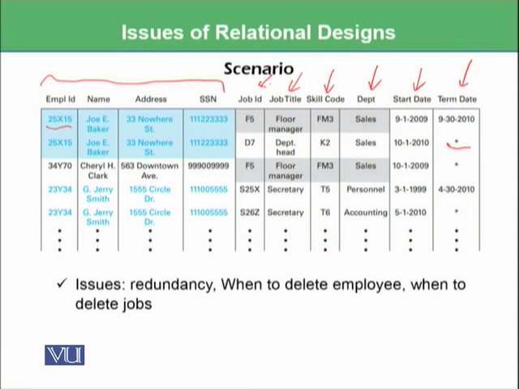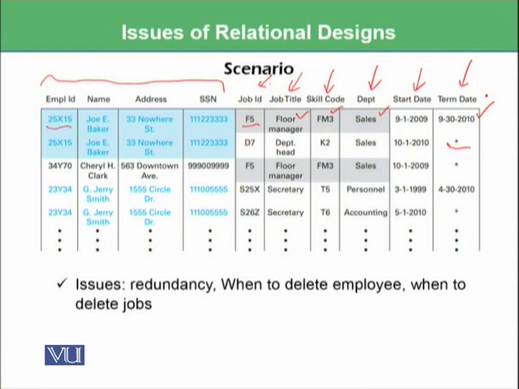The first job was F5, its job title was floor manager, skill code was FM3, it was in the sales department, and it started on 1st of September 2009 and ended on 30th of September 2010.